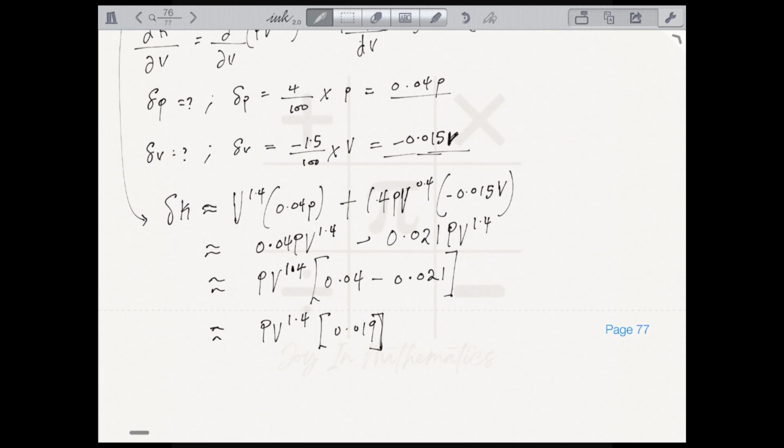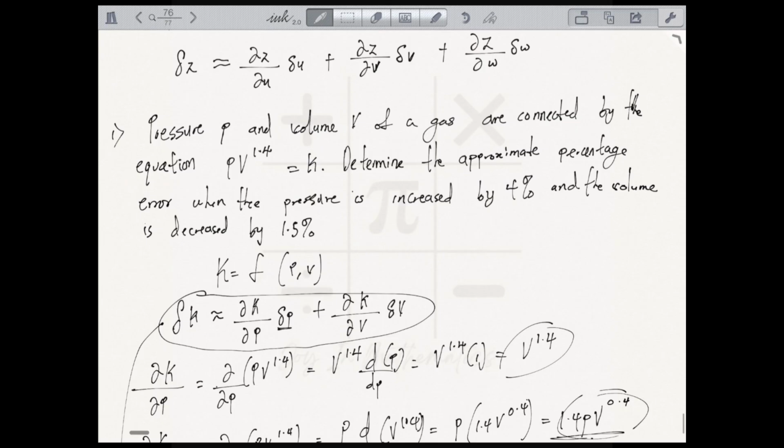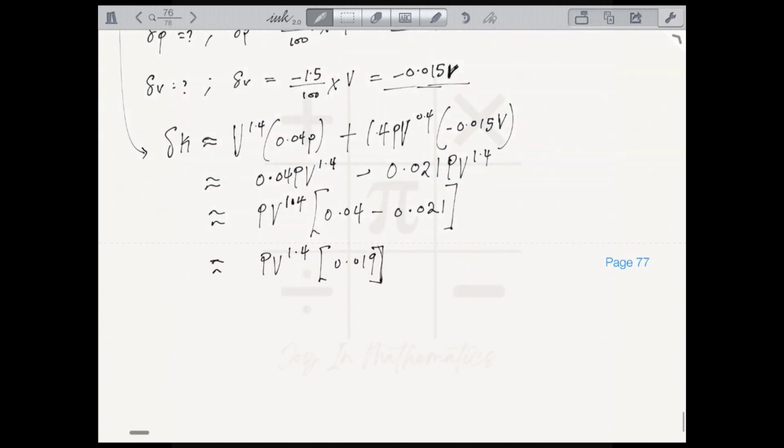Now, taking a look at this, we know that PV raised to power 1.4 from the question is equal to K. So this is equal to K times 0.019, which is the same thing as 1.9 divided by 100.